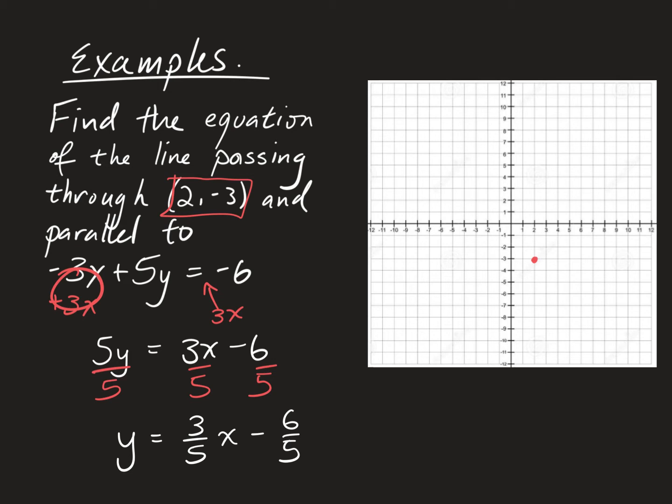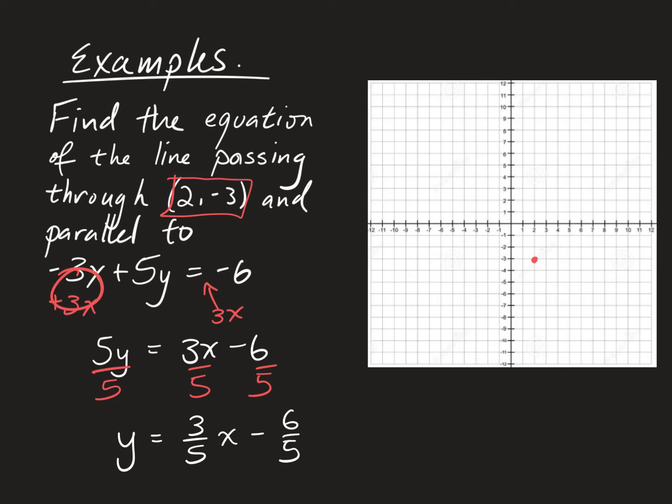Now we don't have to graph this line. All we're asked to do is find the equation of a line passing through this ordered pair with this slope. And we're going to use the same slope because it's parallel. I might also throw in, it doesn't say anywhere to graph it, but we're going to graph this line.